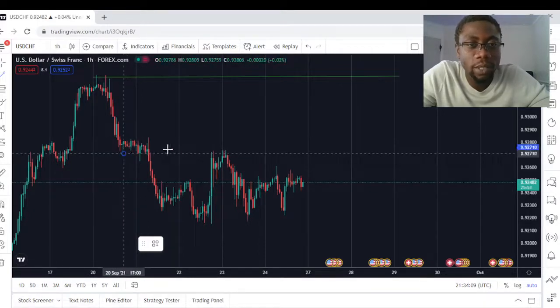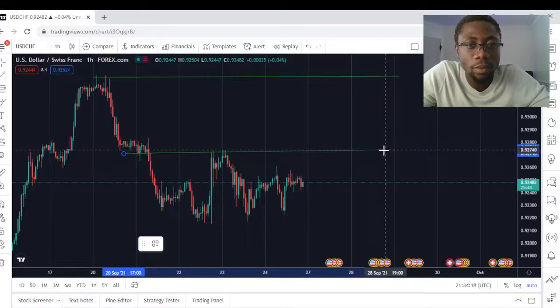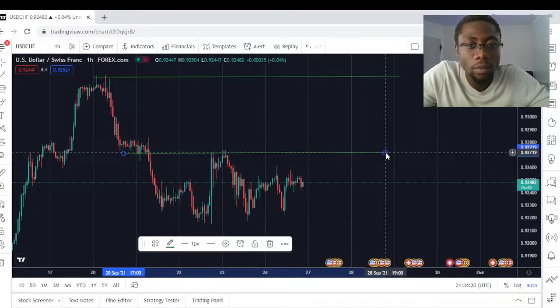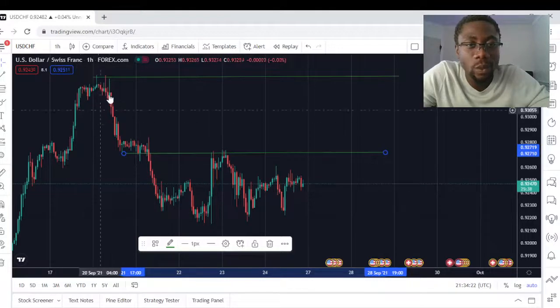It's a fairly tight range, so we're just going to draw the swing low right there. All right, so we have that. We have the high of the range.